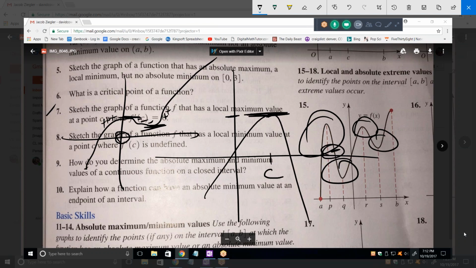That's called an inflection point. That's where the concavity changes from up to down or down to up. And that's where the second derivative is 0. When you find a second derivative of 0, that's an inflection point in the original function.